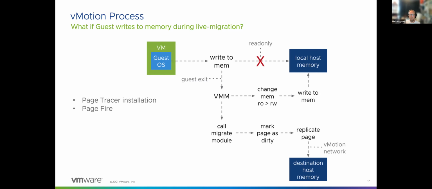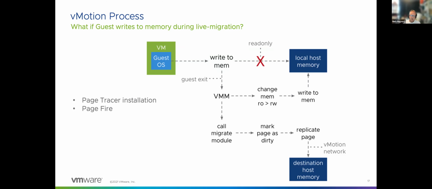So VMM will, in the meantime, change memory on the local host from read-only to read-write, write to local host memory, but simultaneously call out to the migration module, the vMotion logic, to mark this page as dirty, and replicate that page over the vMotion network to the destination host. So this specific process is referred to as a page fire.